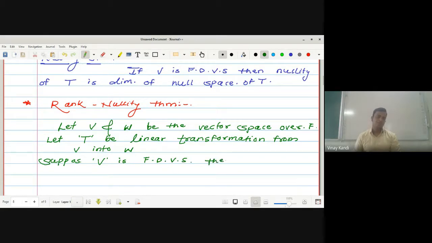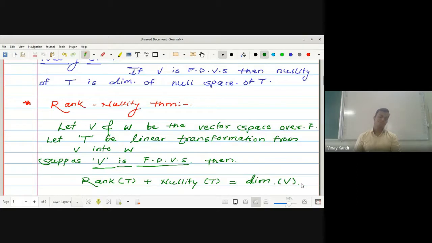Then, okay, the condition is important: V is a finite dimensional vector space. Then the rank of T plus nullity of T is equal to dimension of V.